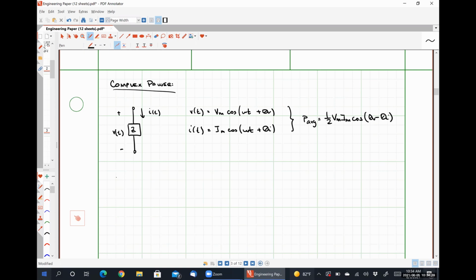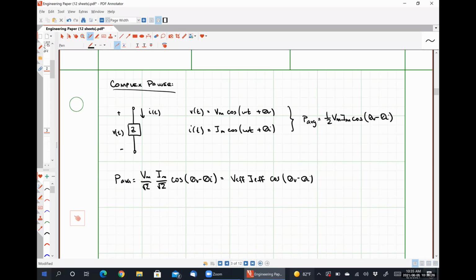We can split that P average quantity as Vm over the square root of 2 times Im over the square root of 2 times cosine of theta v minus theta i, or more simply, V effective times I effective times cosine of theta v minus theta i.